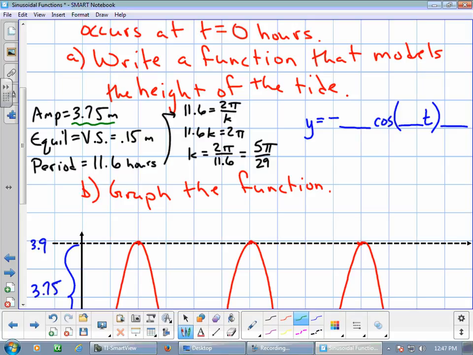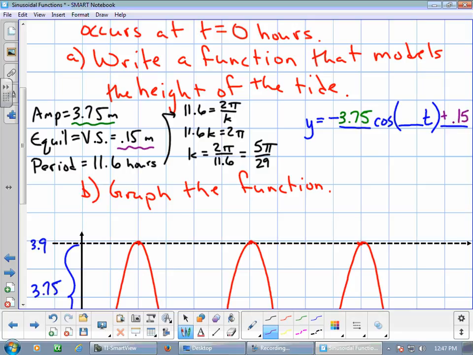In front of cosine, right? The amplitude is the coefficient on the cosine. So negative 3.75 cosine of, all right, where does the equilibrium, the vertical shift, go? After the parenthesis, and it's added to it, so plus 0.15.